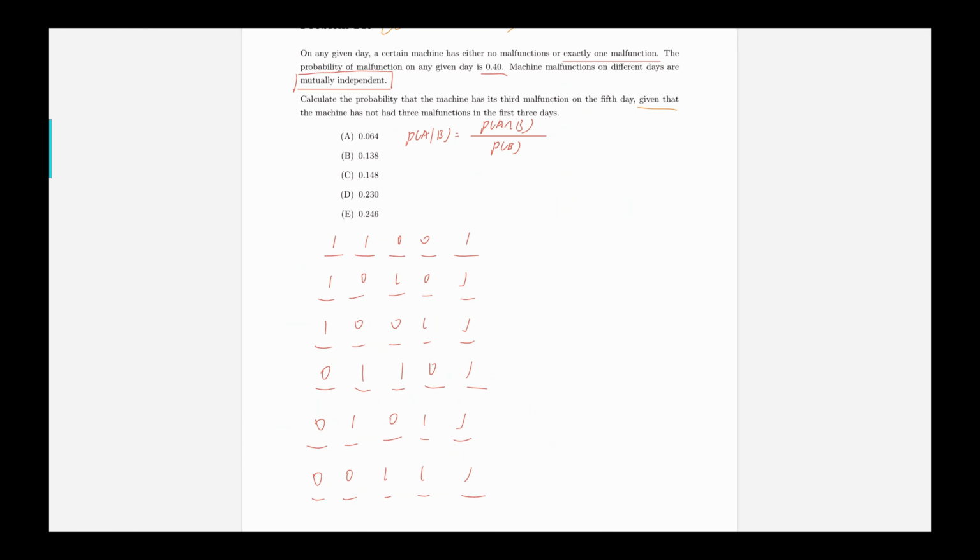Since the probability of malfunction on any given day is 0.4, and there are exactly 3 days of malfunction, the probability for each case will be 0.4 cubed times 0.6, which is the probability of a given day with no malfunction, and there are 2 days of that. And since the probabilities are equal, and there are exactly 6 of them, I can just multiply this by 6 and that gives us the answer. Let me use my calculator.